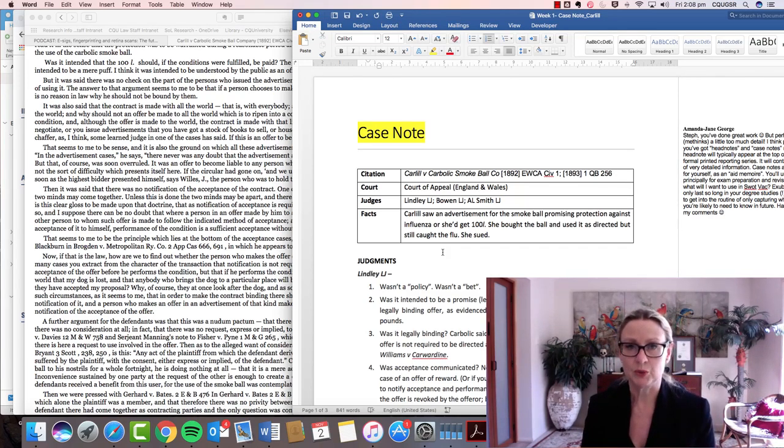Hopefully, this will provide you with a good grounding to go on with some more confidence to look at the Hollywood case, which we'll be looking at for week 2 and doing a case note for week 2, intention to create legal relations. That's a much longer case. Conveniently, though, you have most of the judges except for Kirby.